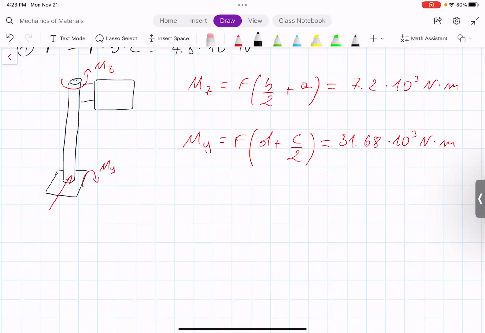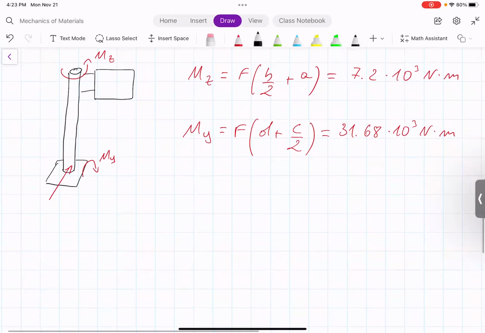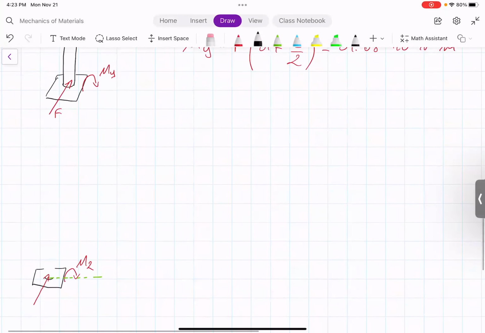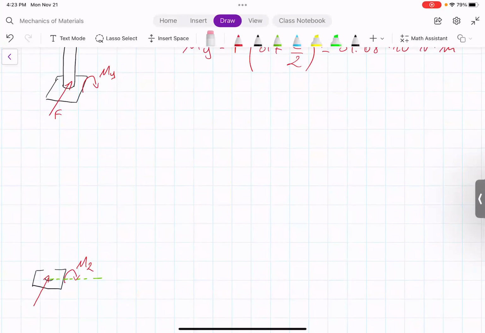we have to figure out if the moments are bending moments or torsional moments, and if the forces are axial forces or shear forces. So when we look at the force F with respect to the cross section, we can zoom a little bit.